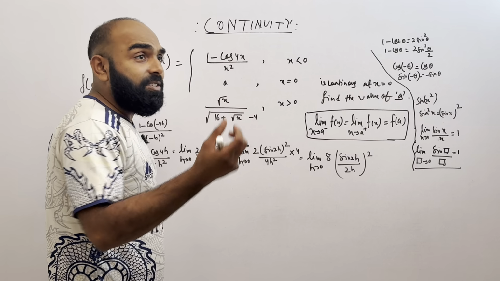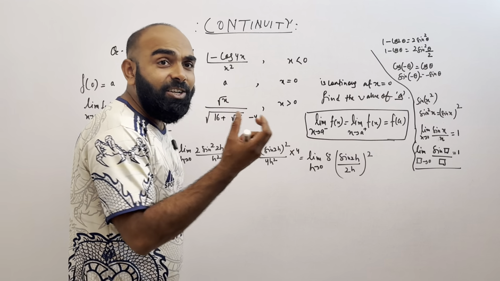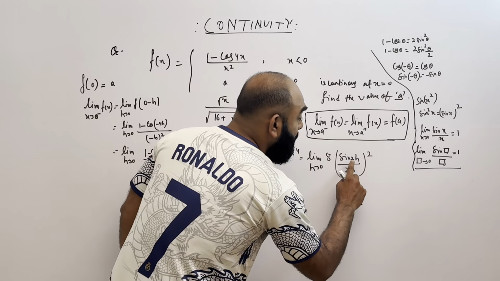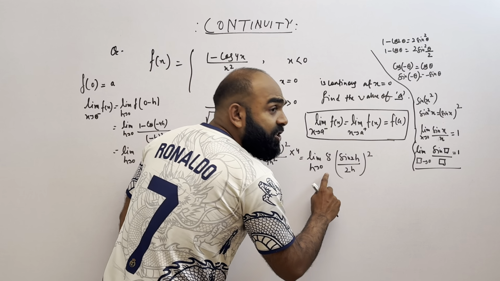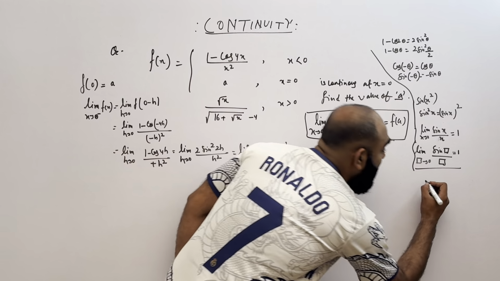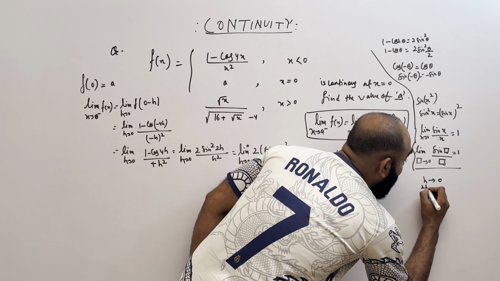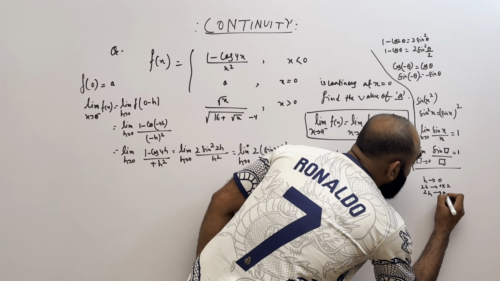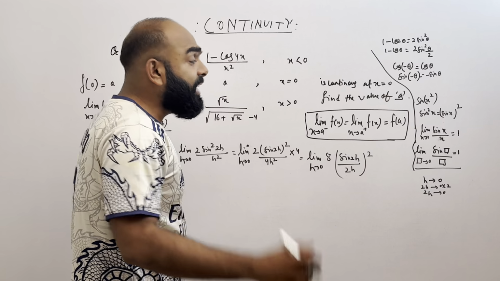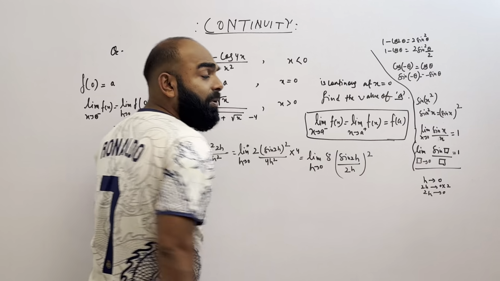Now, sine dabba by dabba, where dabba is 2h. If h tends to 0, then 2h is also tending to 0. Whatever the dabba is, if it tends to 0, then the value will be 1.